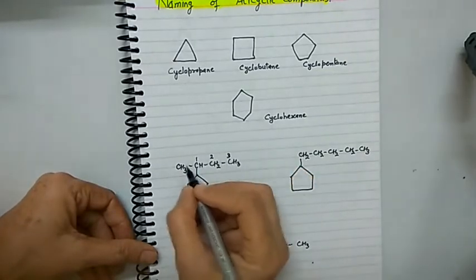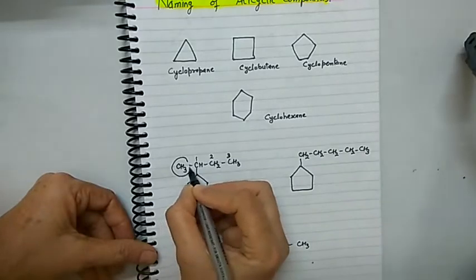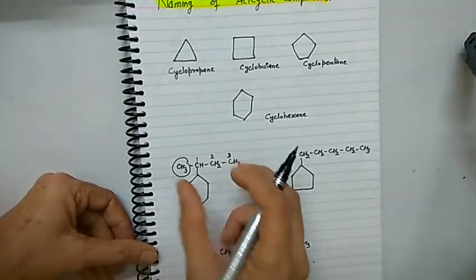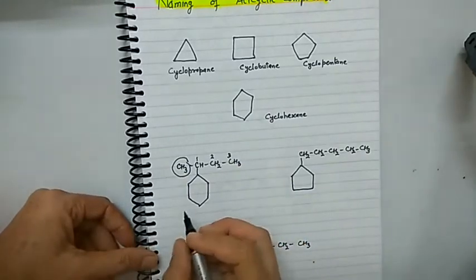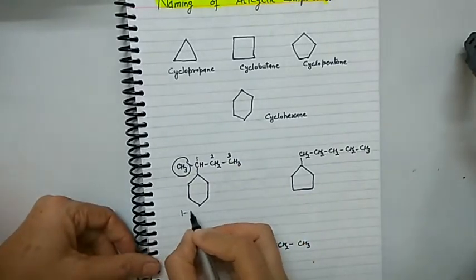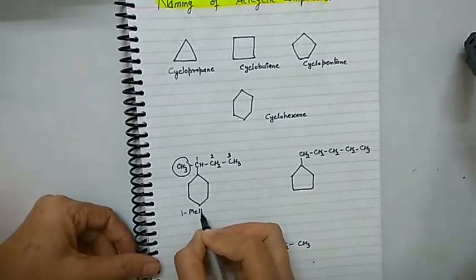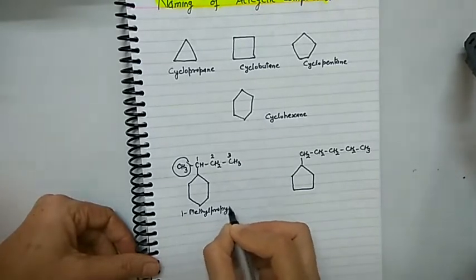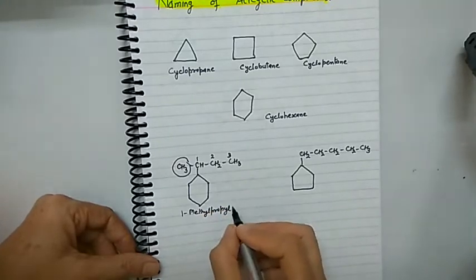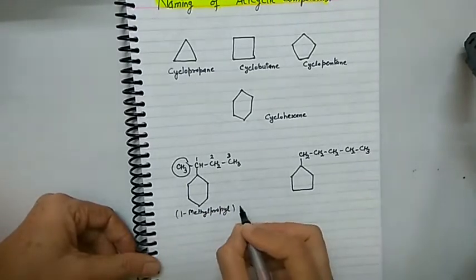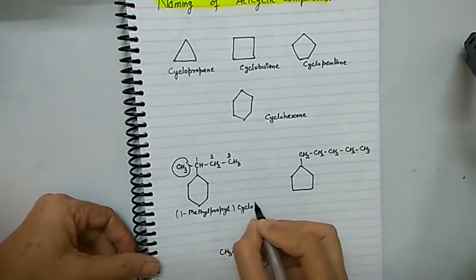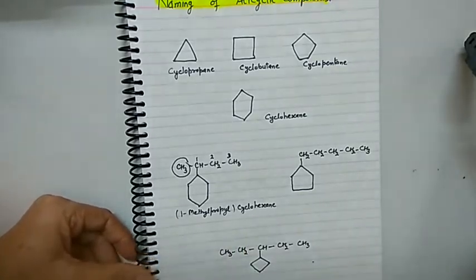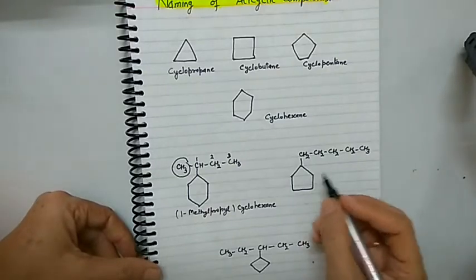This is 3. This methyl group is attached to this propyl group. It is a complex substituent. So what do we call it? We call it 1-methylpropyl cyclohexane, right?